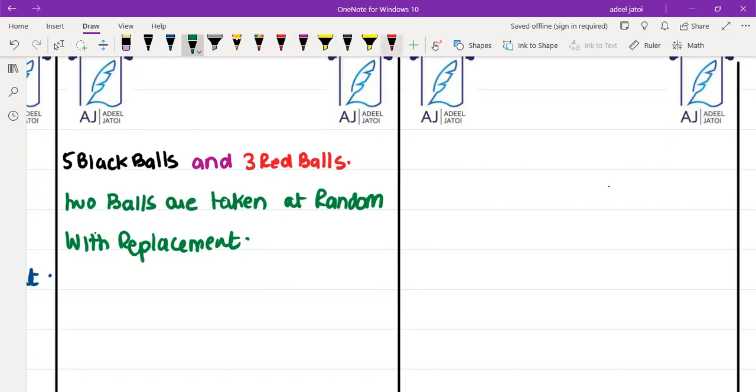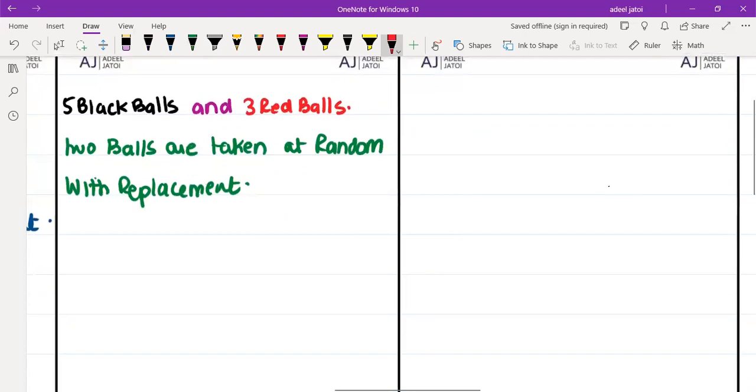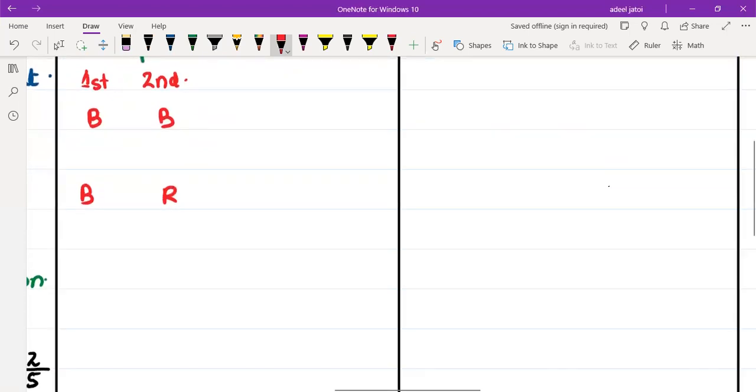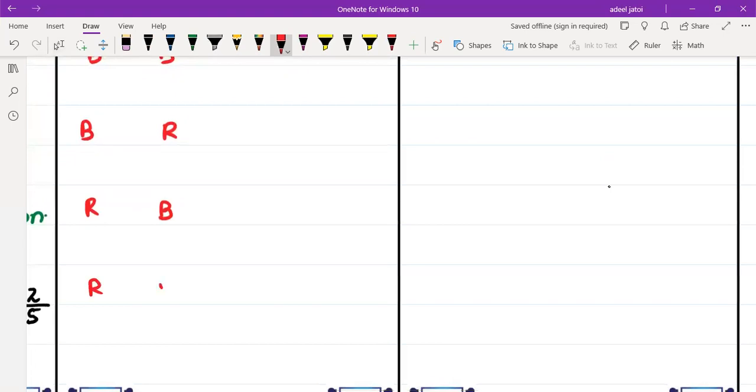So let's put it this way: the first and the second. Your first can be black and the second can also be black. There is a possibility that the first can be black and the second red, or first red and second black, or first red and second red.